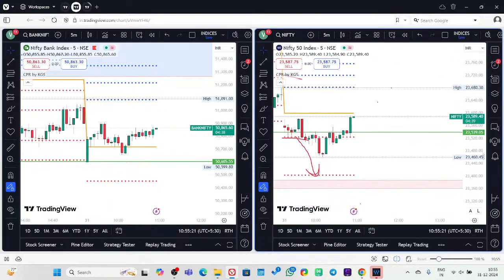The demand zone is working in Nifty. There is an immediate resistance from previous day low.